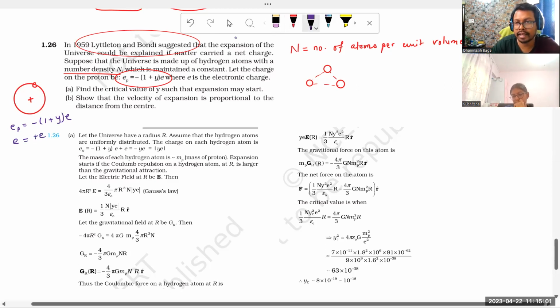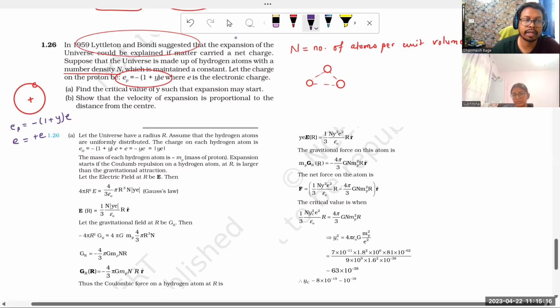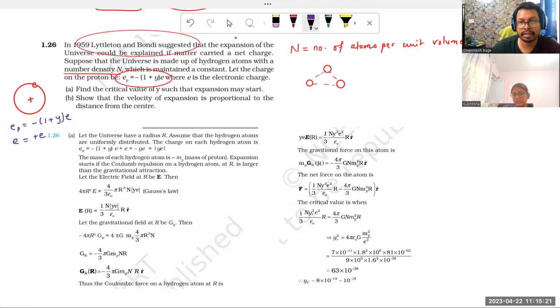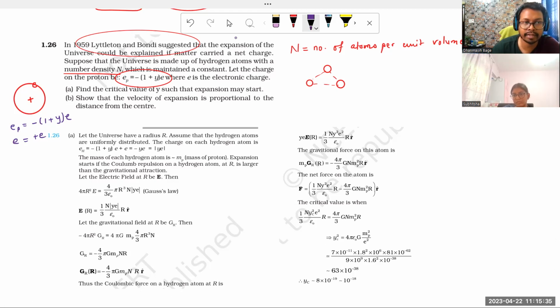So proton is being taken as negative charge and electron is being taken as positive charge. They did that, right? They assumed that electrons are positive and protons are negative. That would have been a very wise choice in the beginning. But they assumed that protons are negative and electrons are positive, and protons carry a little greater than the electronic charge. We know that it is definitely the same, right? It is digit by digit, every decimal place is exactly the same.